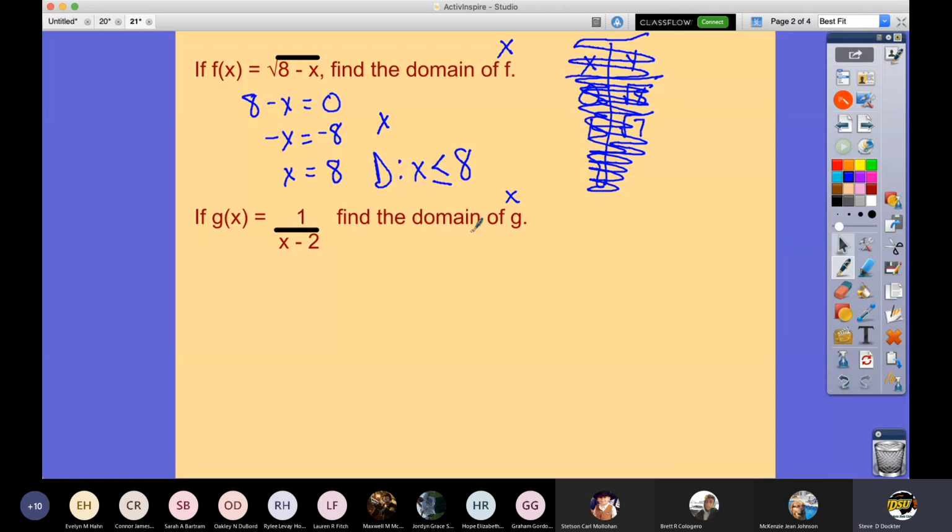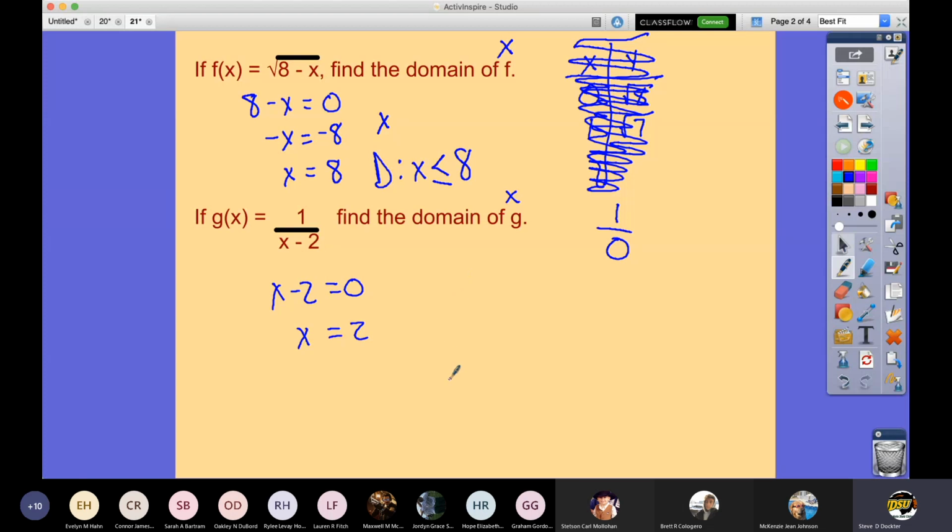This one's a little bit different because we have a fraction here, and what we can never do in a fraction is divide by 0, because that's going to give us an undefined region. So we have to figure out when the bottom is going to be 0. Just set whatever the bottom is equal to 0 and solve for x.